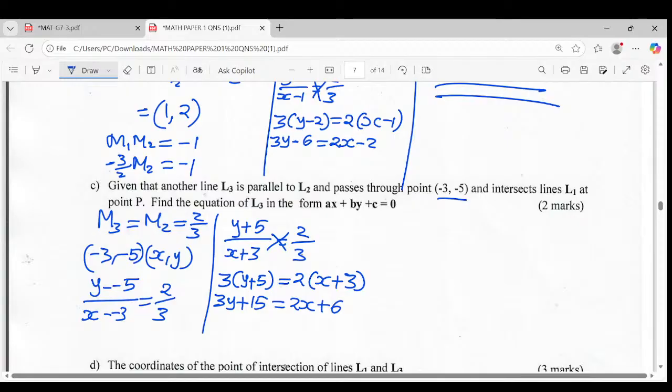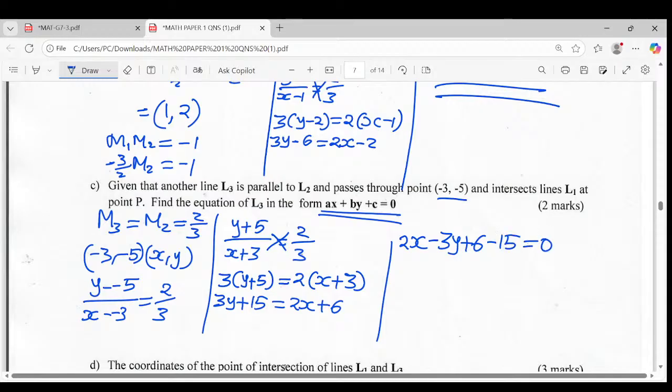Once again, ladies and gentlemen, you need to stick by this principle here. So when you stick by that principle, you're going to get 2x minus 3y plus 6 minus 15, giving you a 0 on the other side.